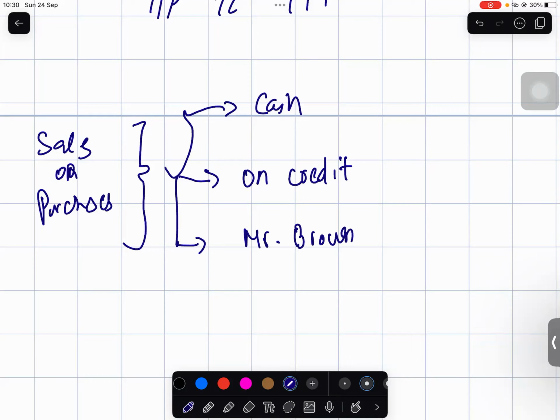So we sold goods amounting to £1,000 to Mr. Brown, or we purchased goods amounting to £600 from Mr. Brown. In that case, if in cash is not explicitly written, which it won't be whenever there is a name, there is a 99% chance that in cash will never be written. Always use the other account by the name of the creditor. Does that make sense? Or can we do a few examples for this? Yes, sir. Yeah, we can.